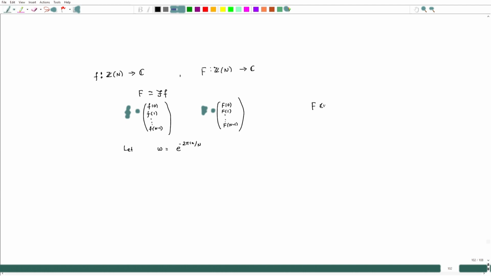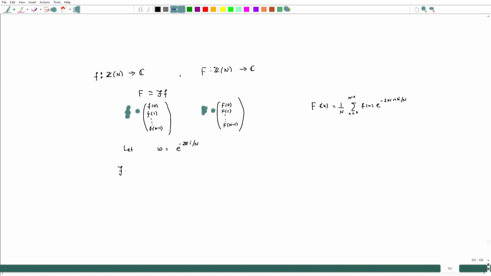The Fourier coefficient is 1 by n, summation over n equal to 0 to n minus 1, f of n e to the power minus 2 pi i n k by n. This is what we would like to see.